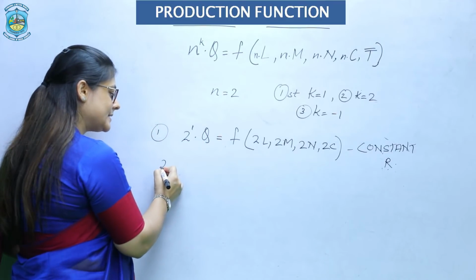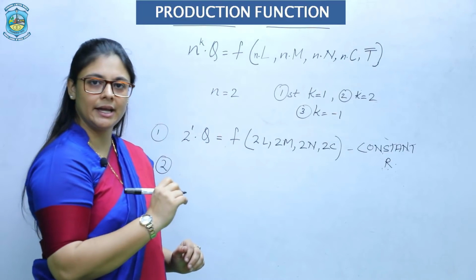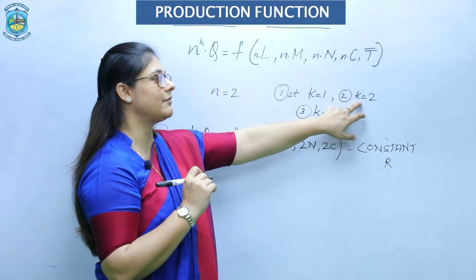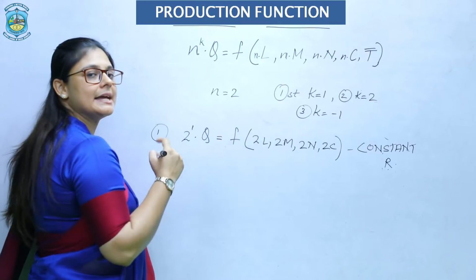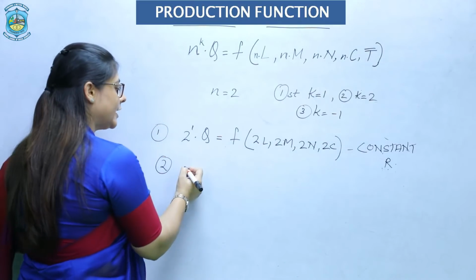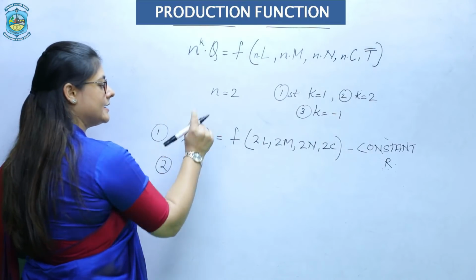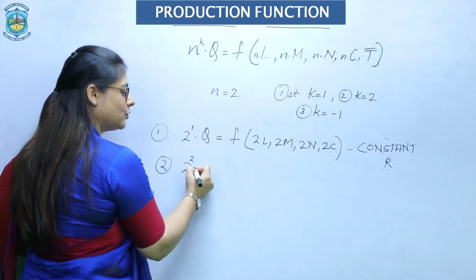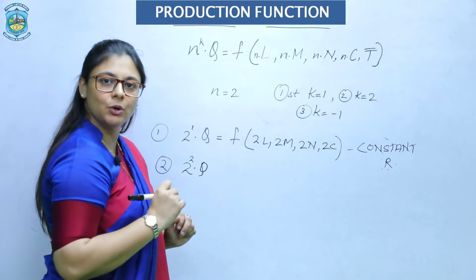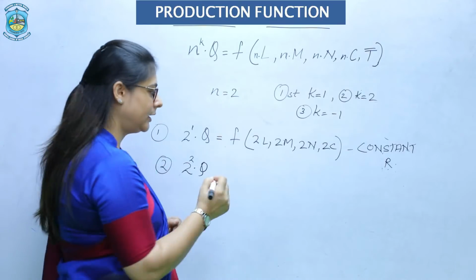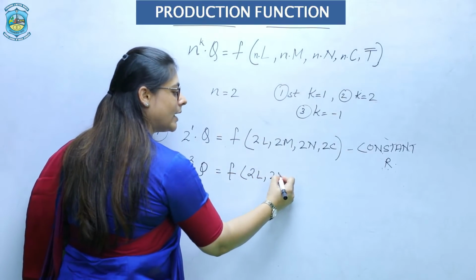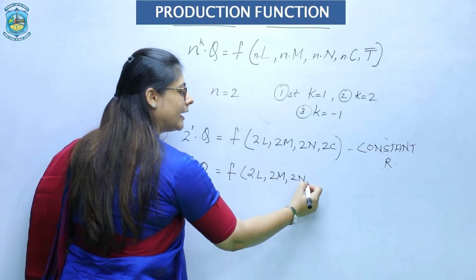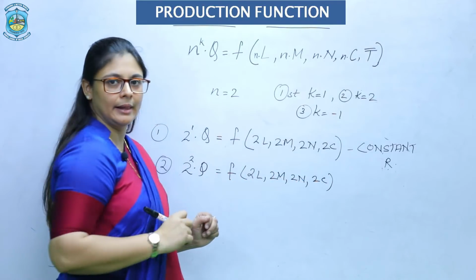Let's take the second case. In the second case, we have taken the value of k is equal to 2. That means k is greater than 1. So, therefore, here n is 2 raised to the power of 2 multiplied by q, that is the quantity of output, is equal to function of again 2L, 2M, 2N and 2C.